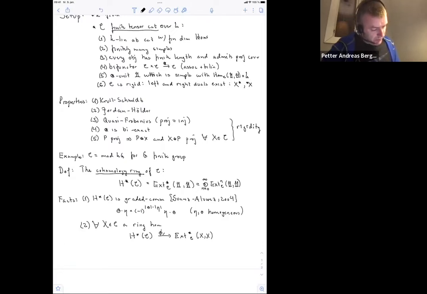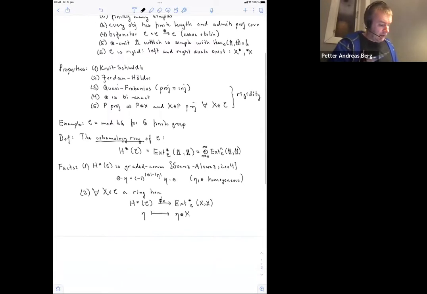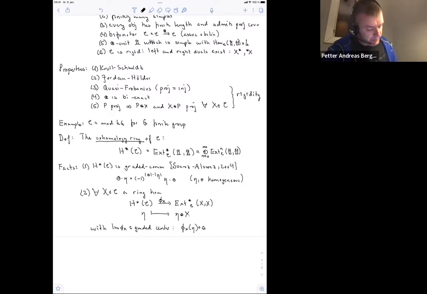Let's call this homomorphism phi sub X, where you just map eta to, say, eta tensor X. And the image here is contained in the graded center of the Ext algebra of X. So this means that when you map phi over and then you splice with something, an extension in the Ext algebra of X, the operation is graded commutative as above.